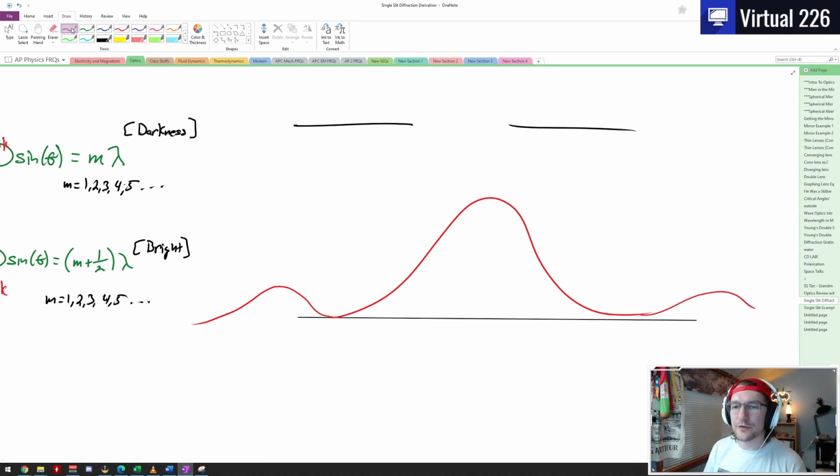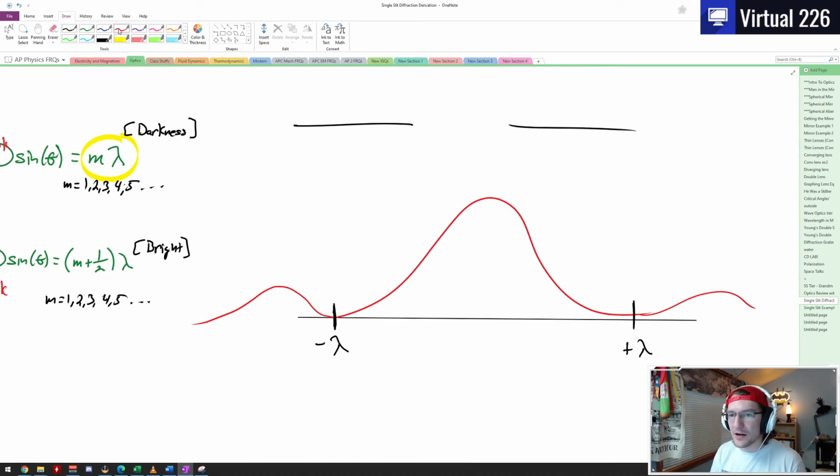But it is important for us to remember the following. These are the m lambda terms. So this first dark point happens at negative lambda and at positive lambda.